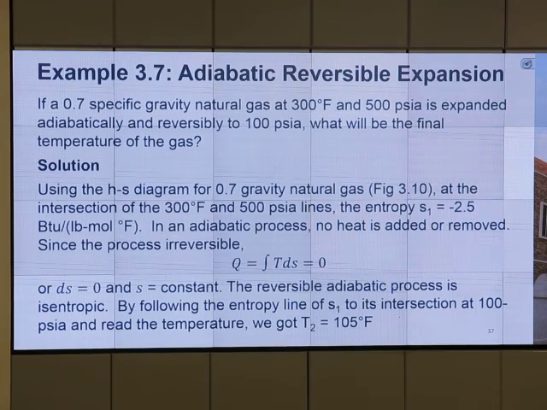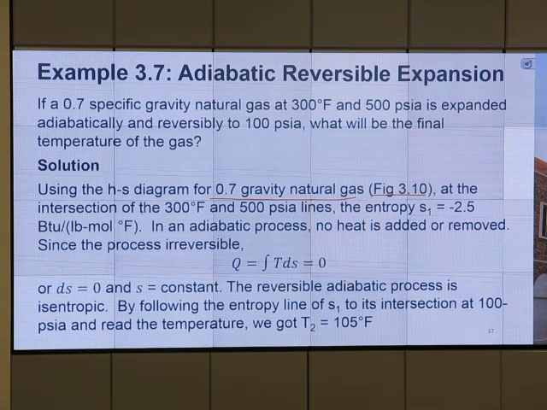We use the chart again. Using the HS diagram, the enthalpy entropy diagram for 0.7 gravity natural gas, figure 3.10 in the textbook.